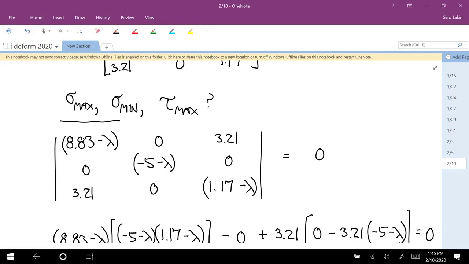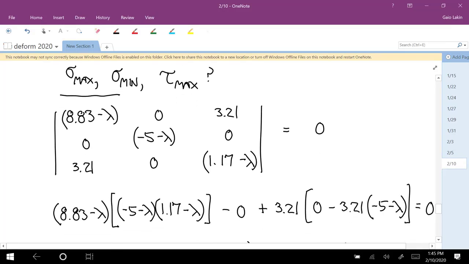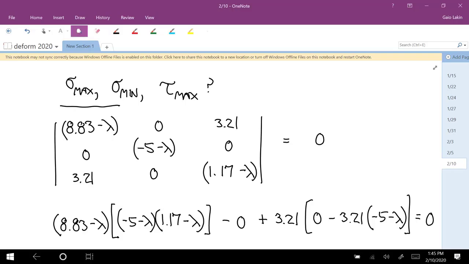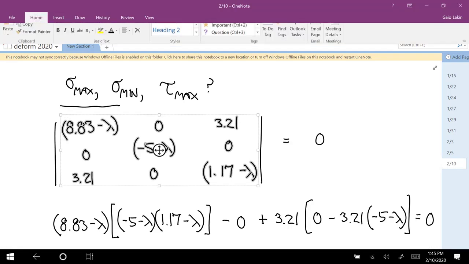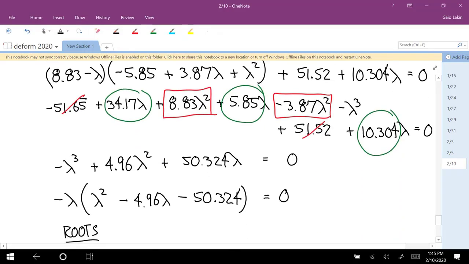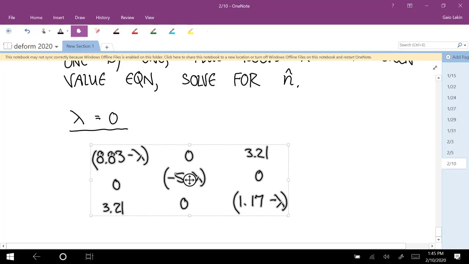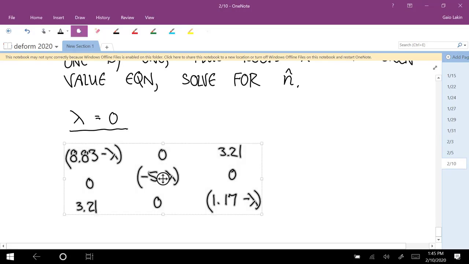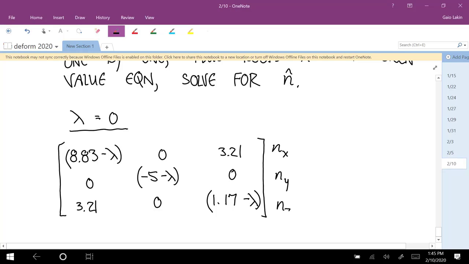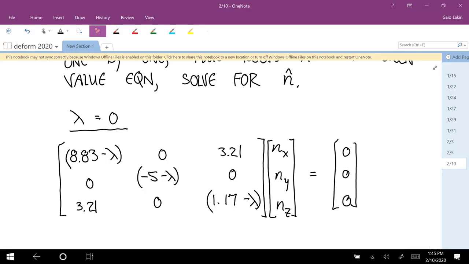And we're going to solve for those n's. And what we're going to solve is this, with 0 in place of all these lambdas.